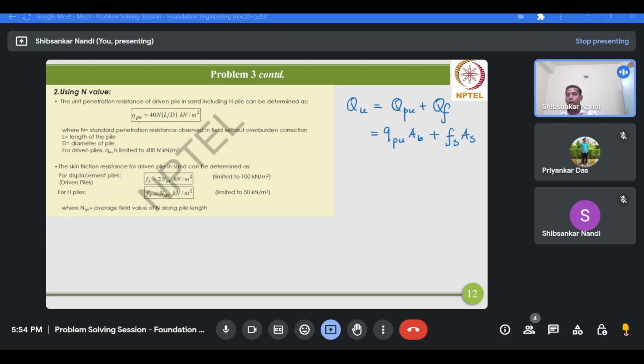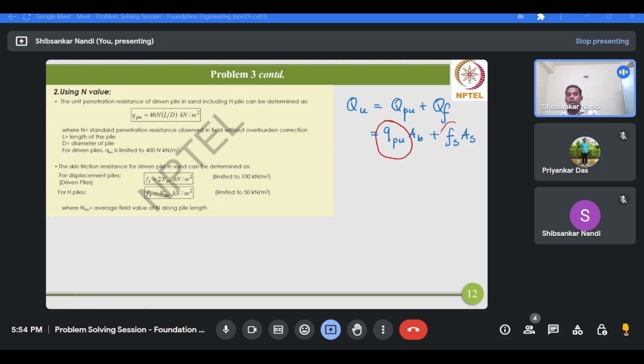It will be the uncorrected value only. L is the length of the pile, D is the diameter of the pile, and after using this equation, the value should be limited to an upper bound of 400 times N. So this is for the unit point bearing resistance.